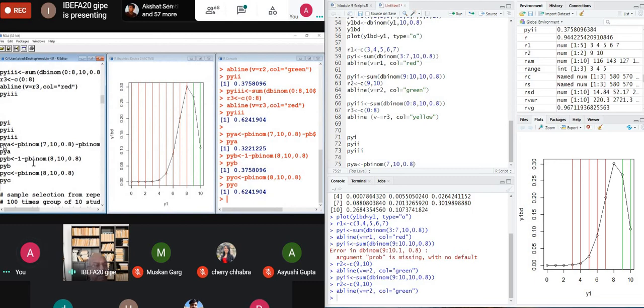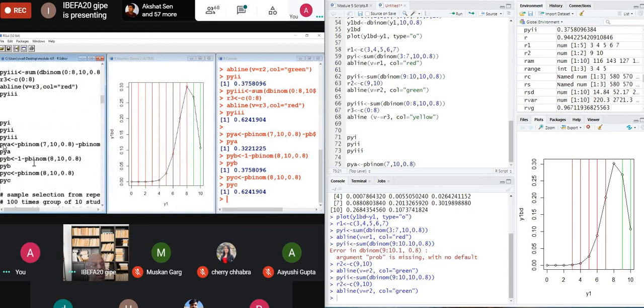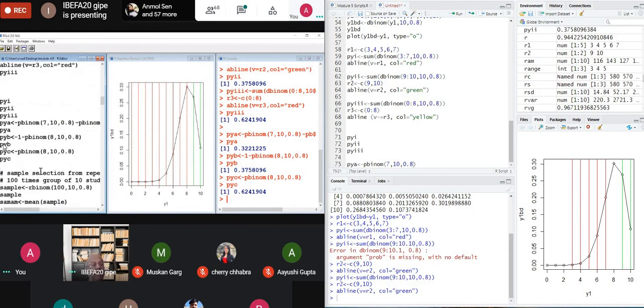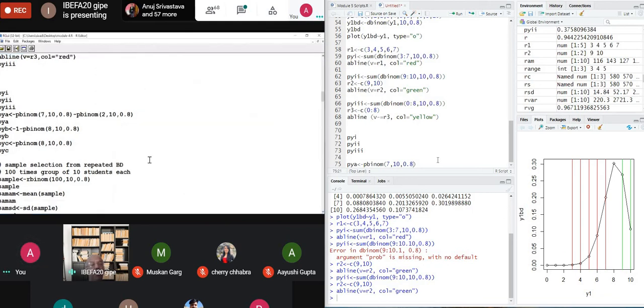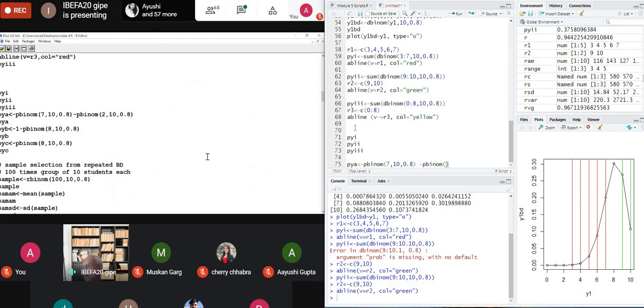Which one are you talking about? PYA. That is P binom for 7 minus P binom 2. Okay, oh, that's a minus. Okay, sir. Up to 7 cumulative probability minus up to 2 cumulative probability.